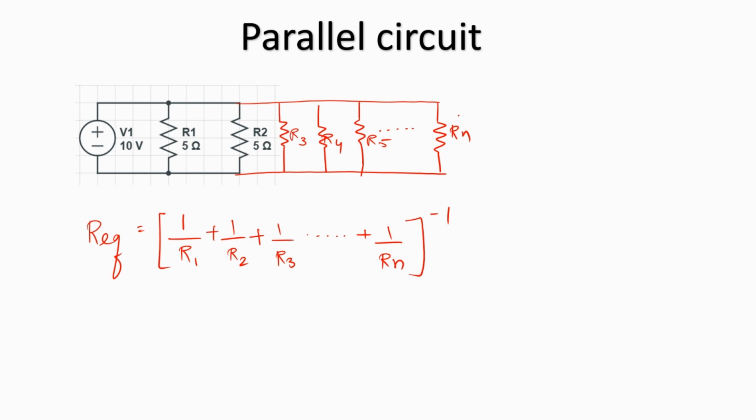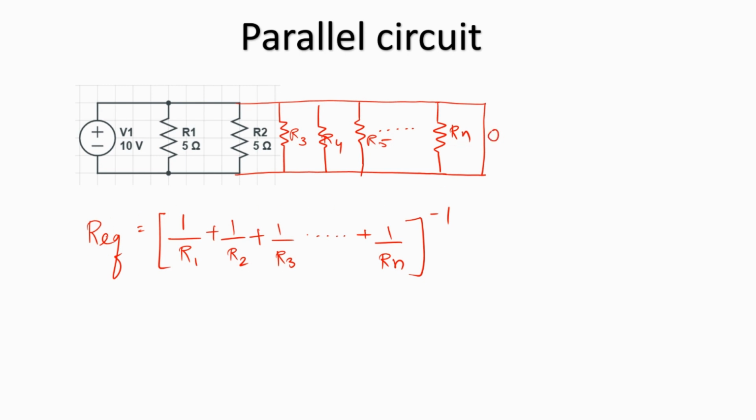Suppose now I consider a scenario where I'm connecting a wire without any resistance in parallel with all of these resistors. Then what would the equivalent resistance be? So to say, the resistance of this wire that I've connected is actually 0.